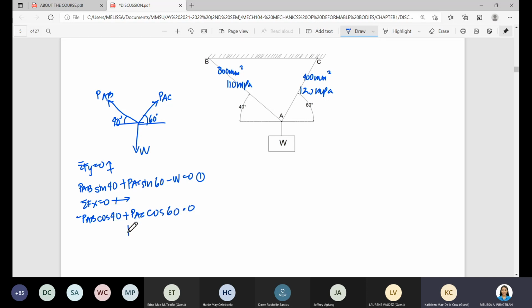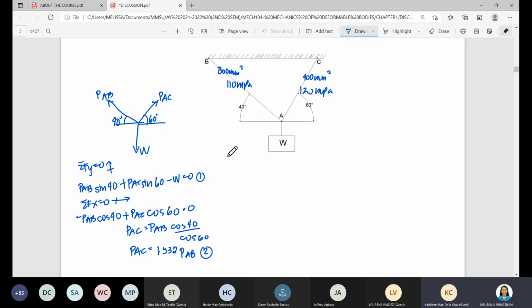So, this one, meron tayong PAC equal to PAB cosine of 40 all over cosine of 60. So, simplify pa natin. So, we have PAC equal to 1.532 of PAB. So, let's consider this as our equation number 2.